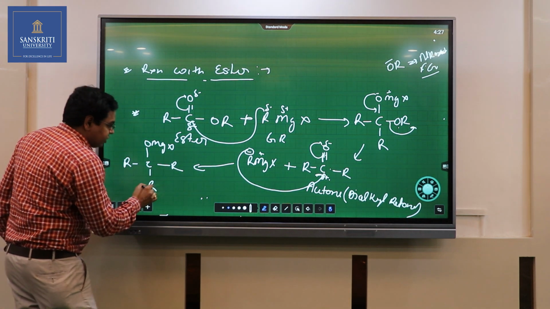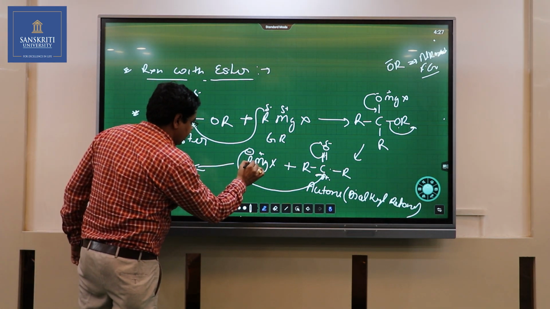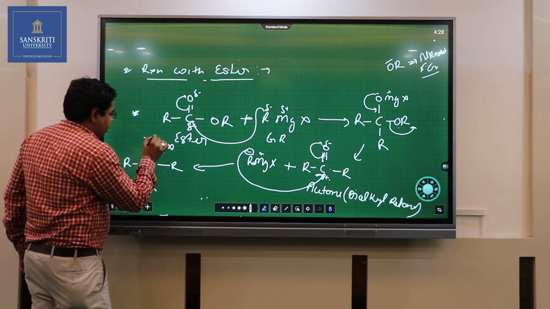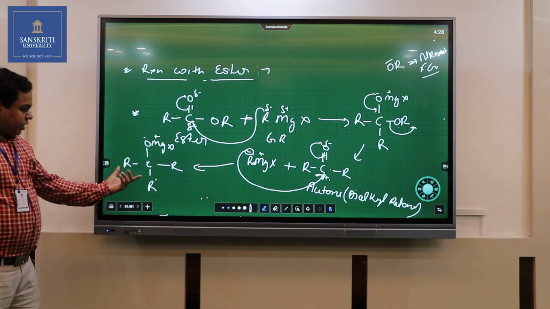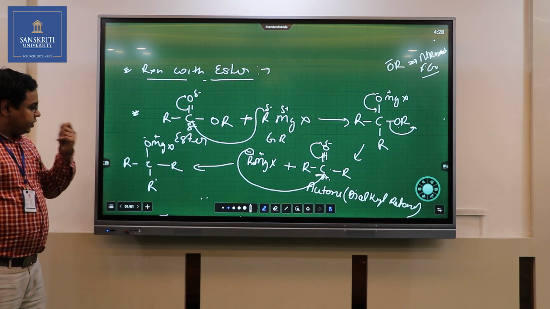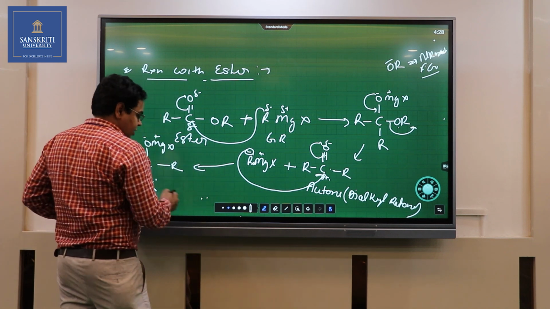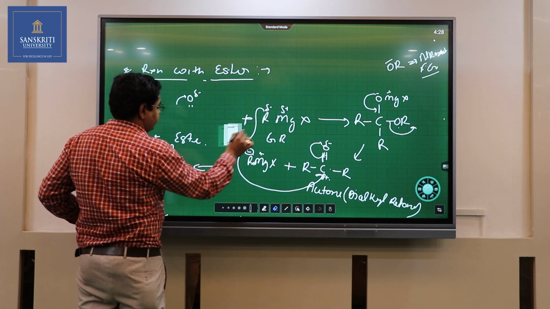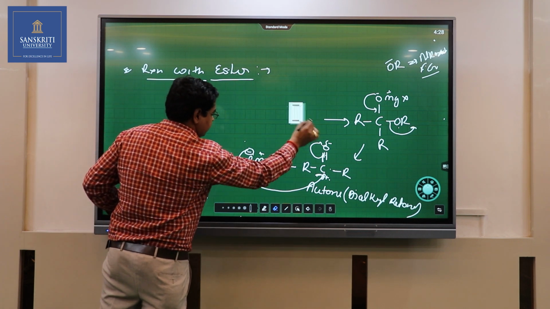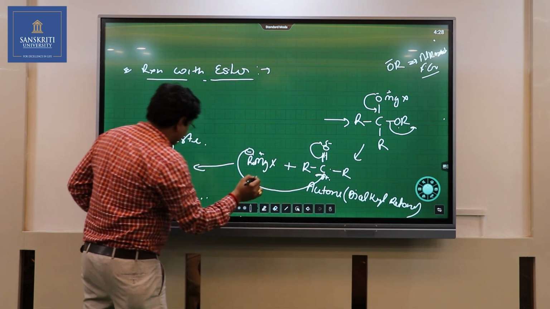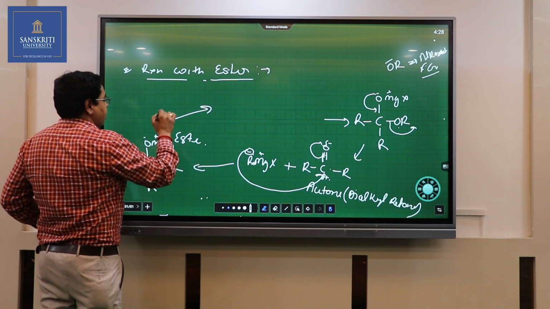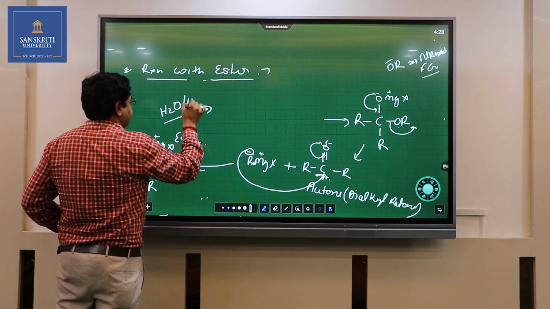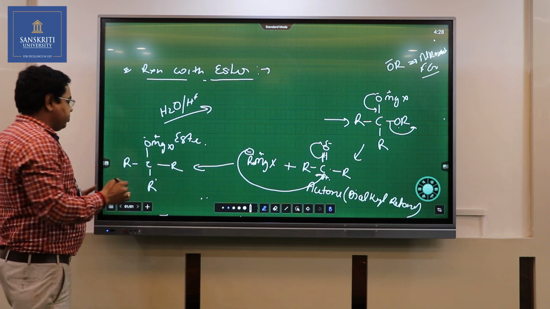Next is to assign the R dash. So this is another intermediate compound, which finally undergoes hydrolysis with H2O and H plus.